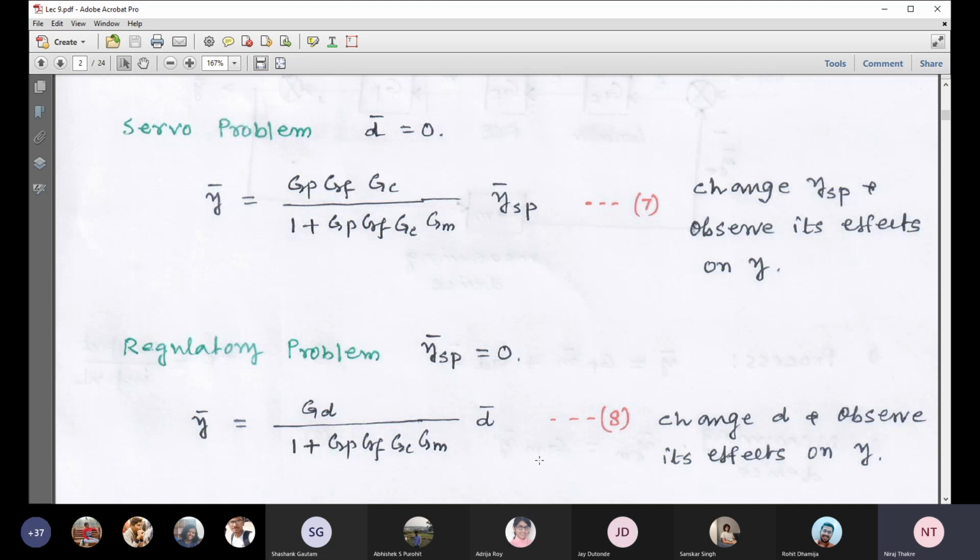Again, if you consider that distillation column, we had the disturbances: feed flow rate, feed composition, feed temperature, feed pressure. All these are disturbances. If there is any change in any of these disturbances, then what effect it will have on the product purity Y, that we can know from this equation.